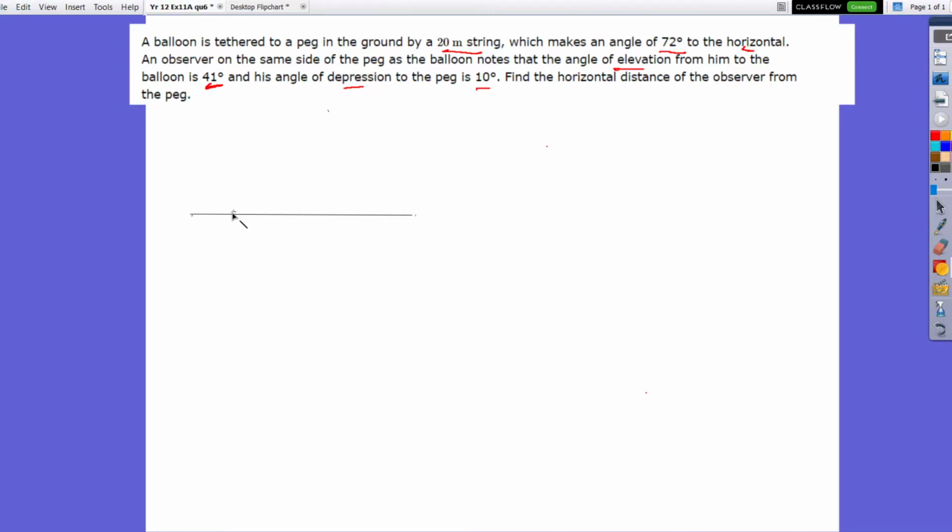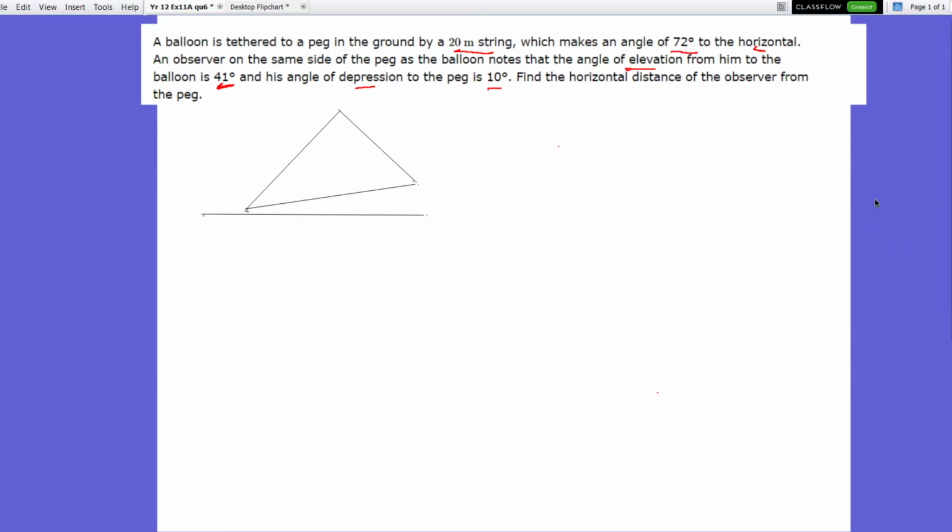So this makes 72 degrees angle to the ground, and let's just say there's a person on this side. Okay, and this angle of elevation to the balloon is 41 degrees, going from there to there. So there we go. Let me just quickly now draw this information.